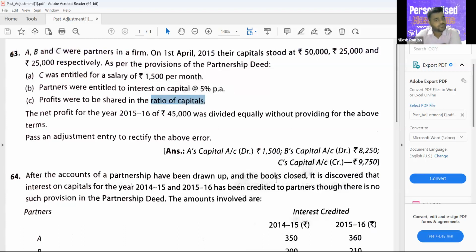This will be the correct profit distribution. After that, we will calculate the total of debit and credit side of each partner, and then calculate the difference and pass your entry.